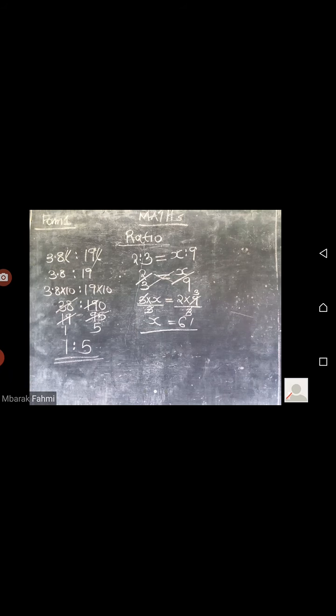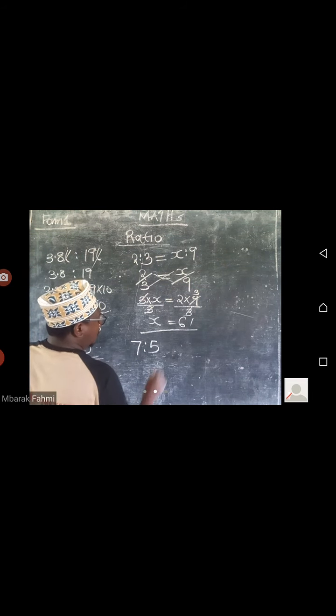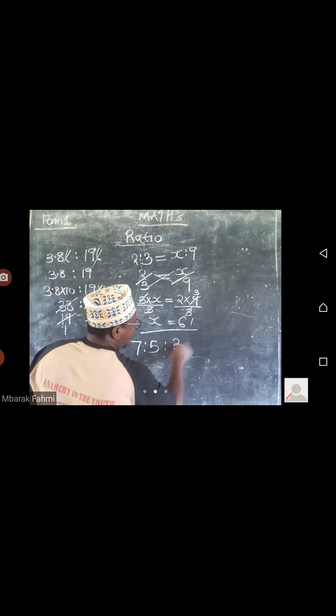Maybe I give one last example, then from there you are going to do the rest on your side. Let's say the ratio 7:5 is equal to 35 is to x.